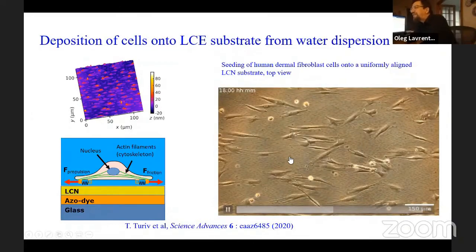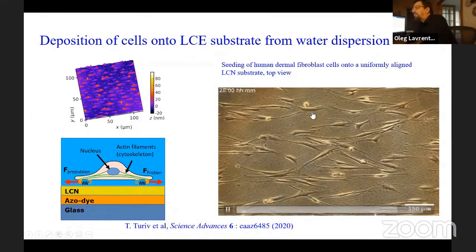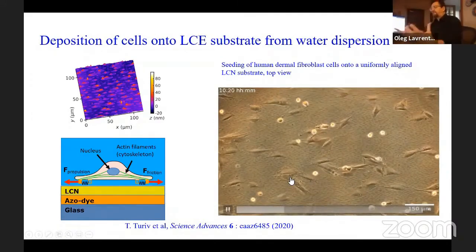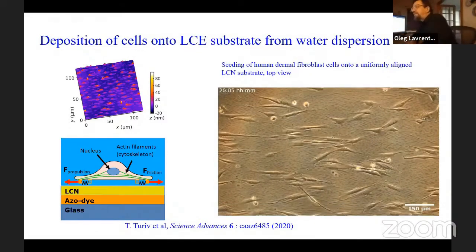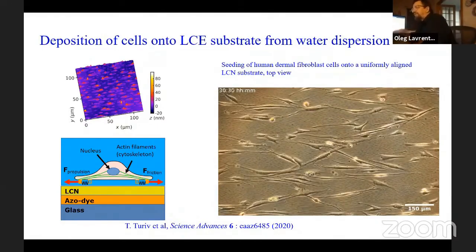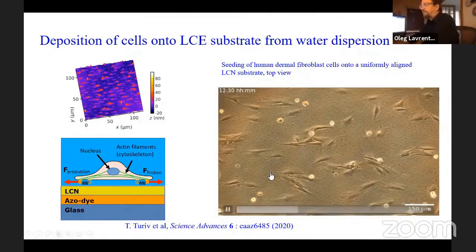You see these nanograins as little ticks in this movie. And as you might see from the movie, the cells that are initially spherical, when they touch the substrate, immediately transform into elongated cells that align themselves horizontally, parallel to the orientation of the director.